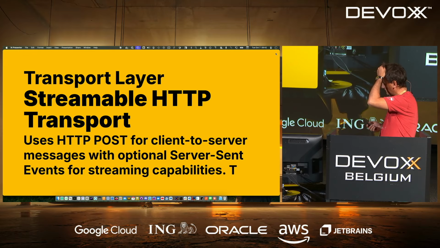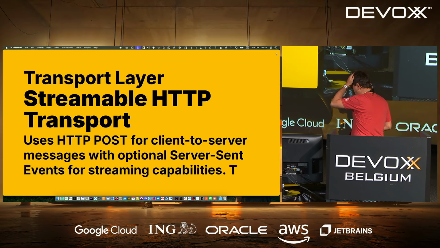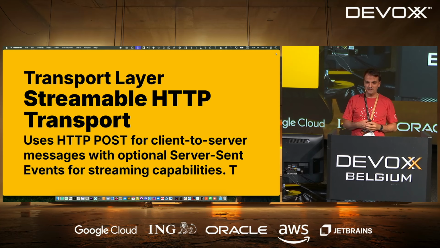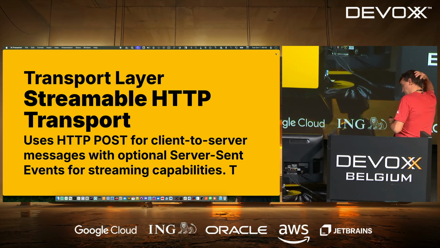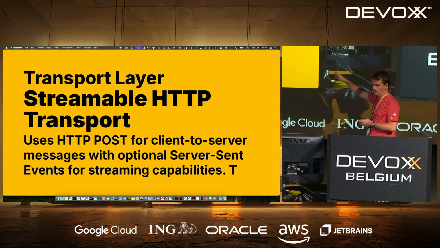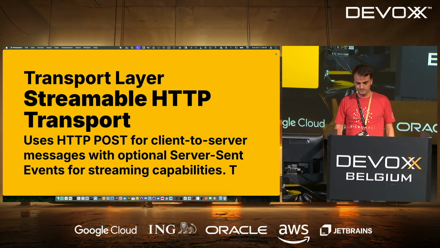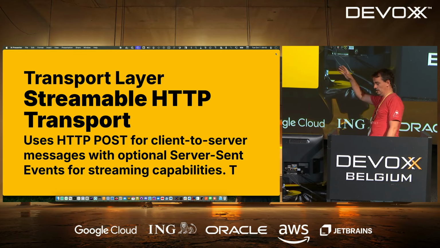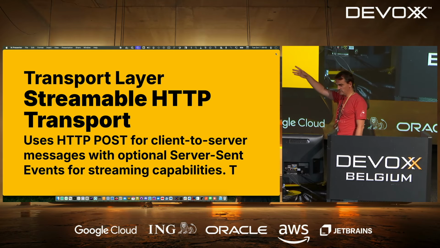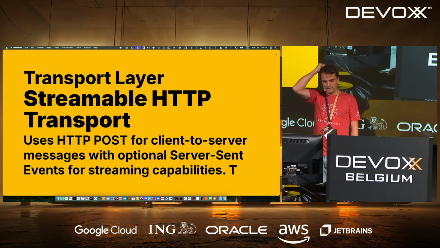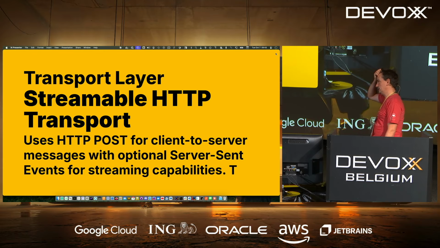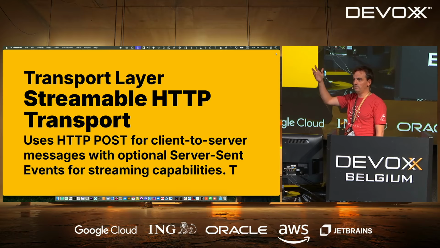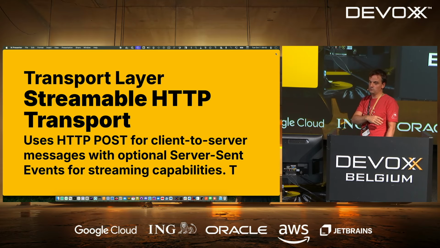The other transport that is defined in the latest specification, which is from June, is the streamable HTTP transport. They didn't call it just HTTP transport, and they put the prefix streamable because there is a POST request against an endpoint sending JSON-RPC messages and getting a response, and they allow the server to optionally create a server-sent event connection to the client to essentially have the capability for the server to send messages to the client.